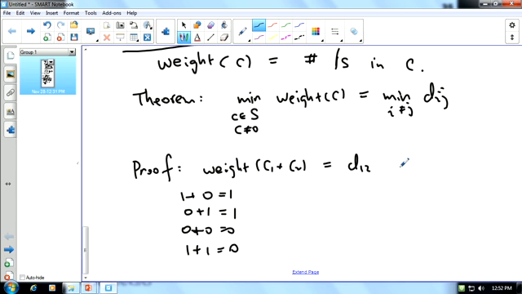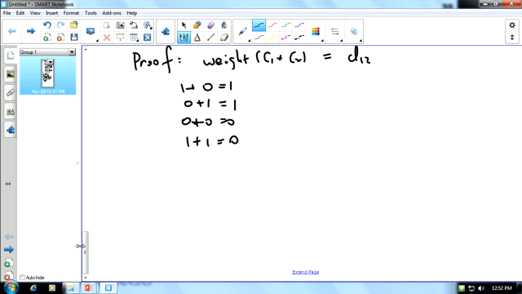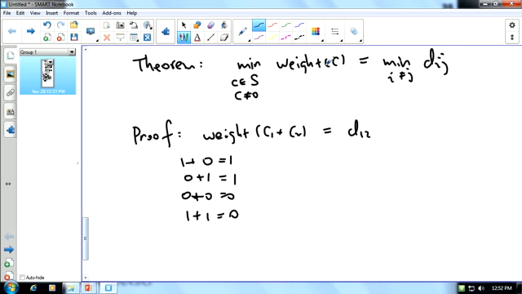And then the rest is simple, right? C1 plus C2 is also a code word. Okay? So C1 plus C2 is a new code word. So for any pair of code words, to generalize, weight of Ci plus Cj equals dij, and it's going to be a code word.